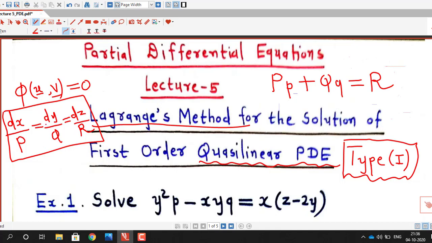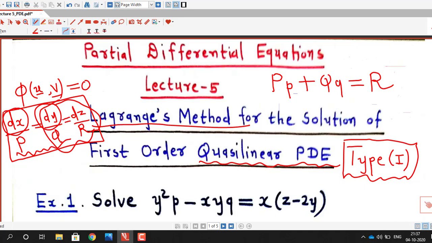But we have to keep in mind that if we are comparing the first two fractions, then here differentials are dx and dy. So if we want to compare the first two fractions with differentials dx and dy, then every other term must be in terms of x and y only. If we are interested in comparing fractions 2 and 3, which involve differentials dy and dz, then we have to take care that every other term must be in terms of y and z only.